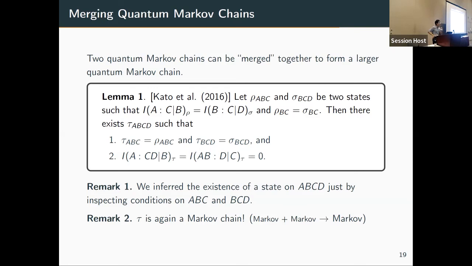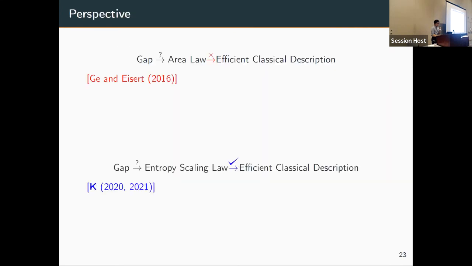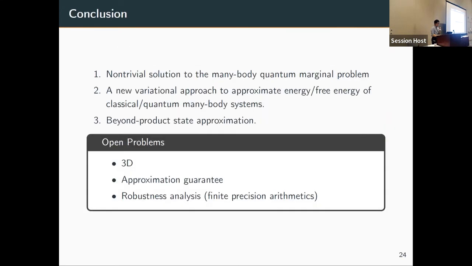I have a question about the last slide about the open concept. So what's the difference between the second point and the third point? So approximation and robustness. So approximation guarantee, maybe I should have been more specific, saying something that 2D gap systems can be described by this with some 1 over poly n error or something like that. That's what I had in mind.